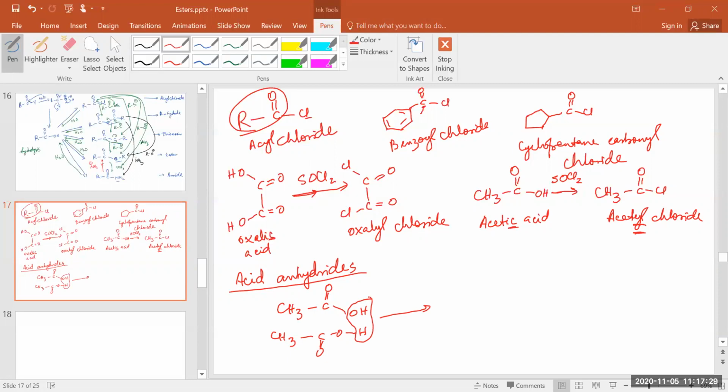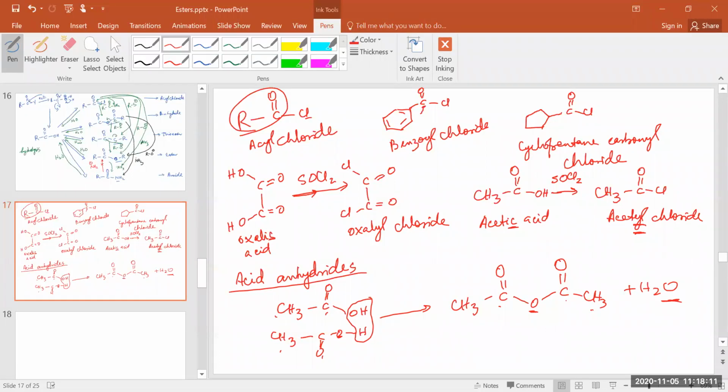So what will happen? CH3COOCOCH3 plus H2O. That's why it is called anhydride, meaning removal of water. In the anhydride you see this oxygen, two carbonyls, and CH3. These are called the acid anhydrides.